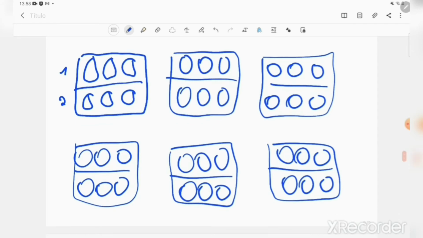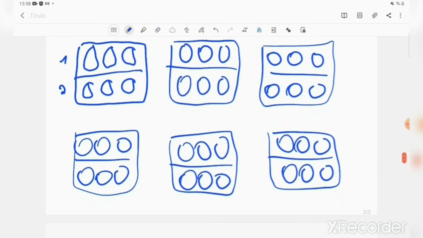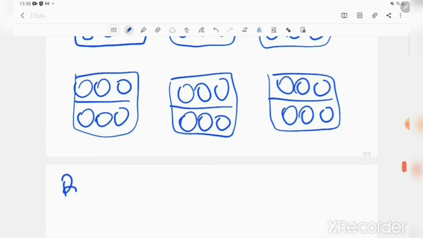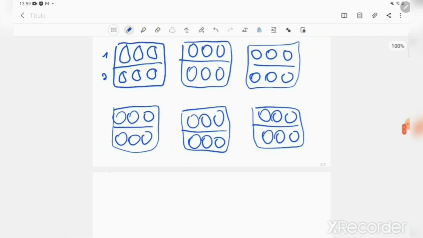So basically we have here 3 numbers. First, the number of boxes.